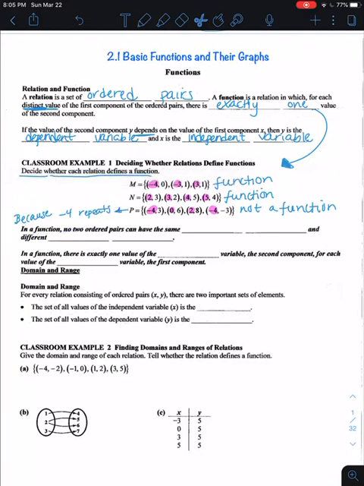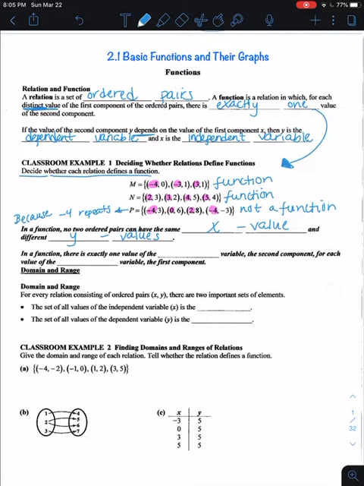So in a function, no two ordered pairs can have the same x value and different y values.